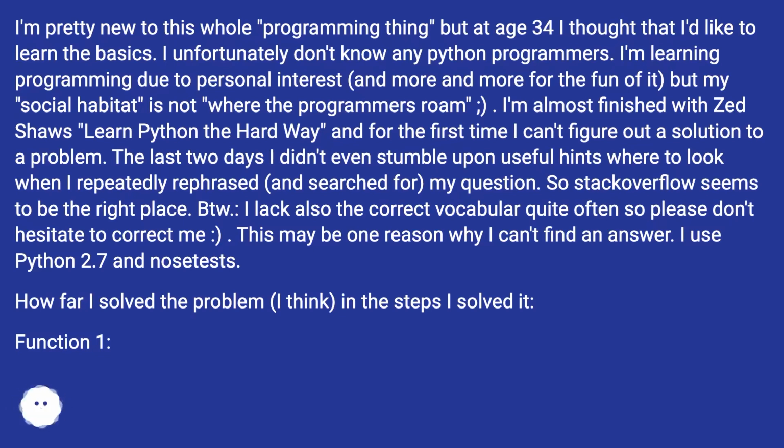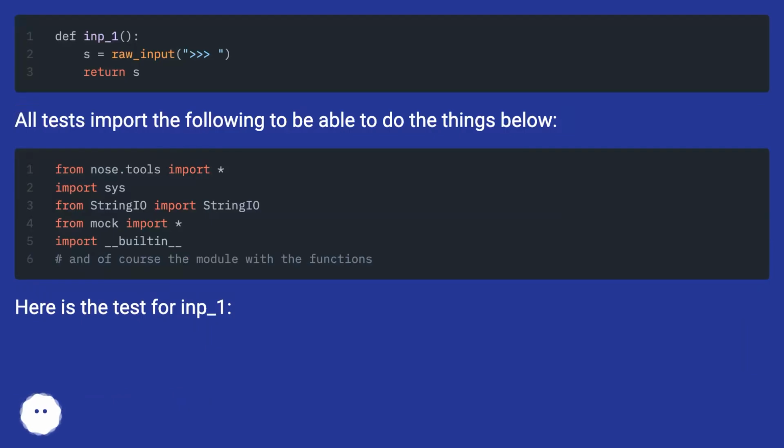How far I solved the problem, I think, in the steps I solved it. Function 1. All tests import the following to be able to do the things below. Here is the test for INP_1.